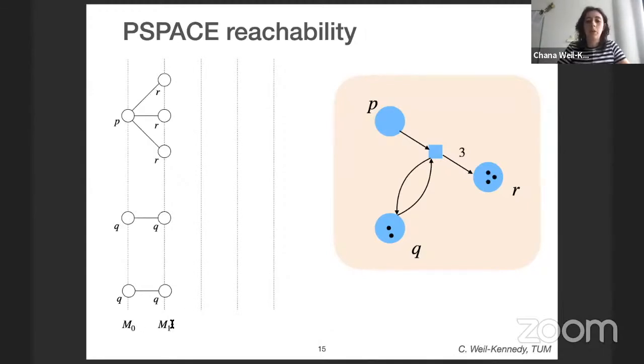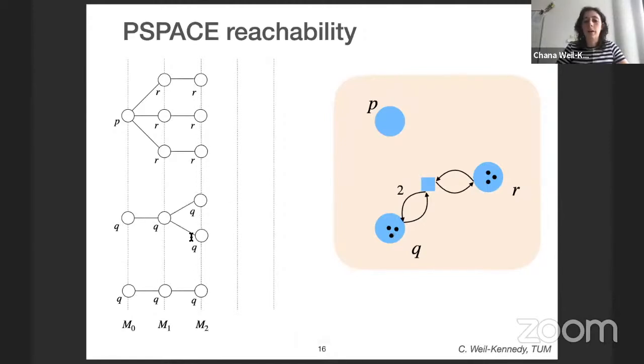We would go from M0 to M1. In M1, we would now have 3 tokens in R, and we would still have the tokens in Q that haven't moved. Then if we had a transition which observed a token in R and took a token from Q and put 2 back in, we would have this distribution of tokens.